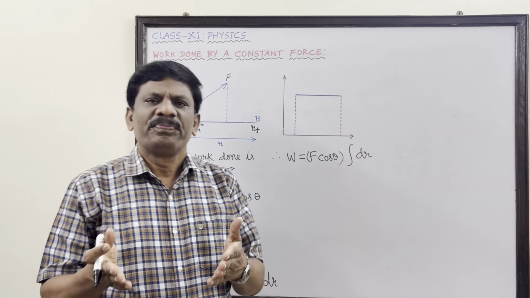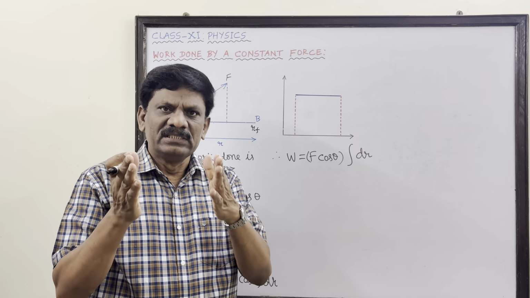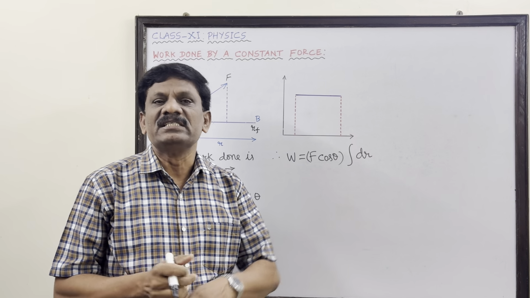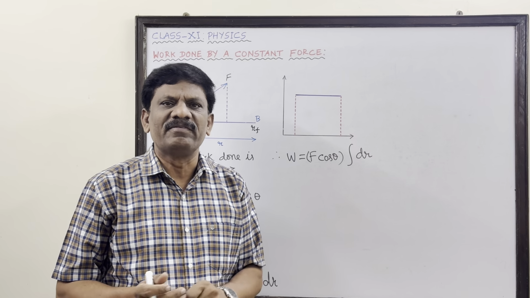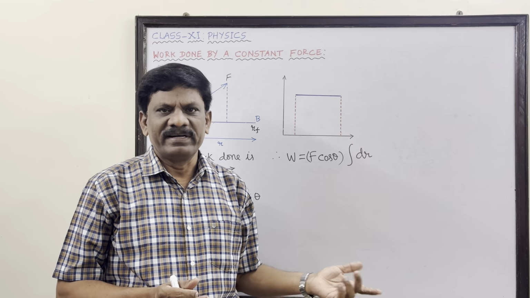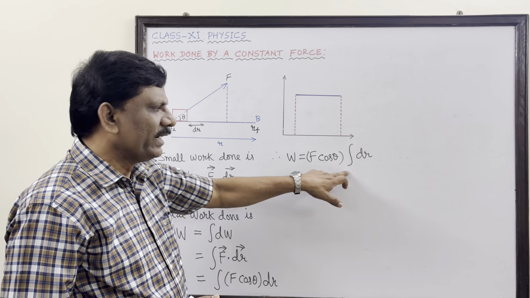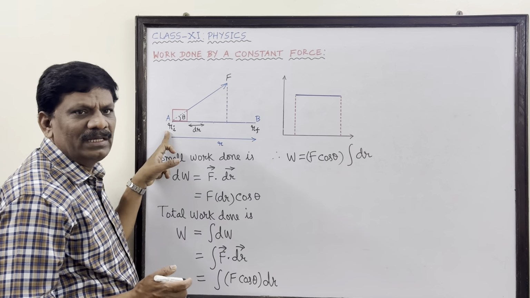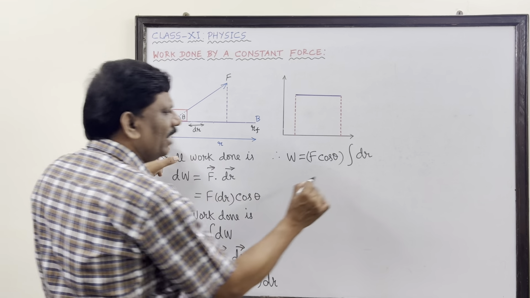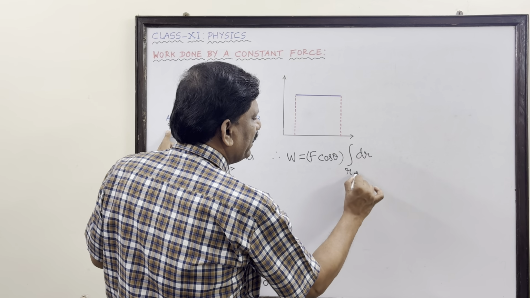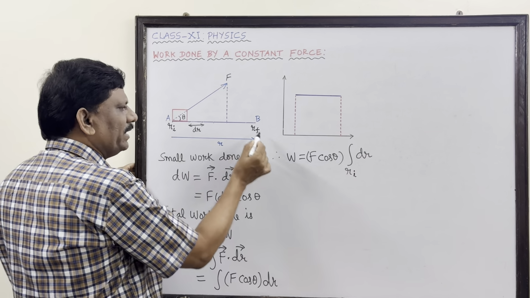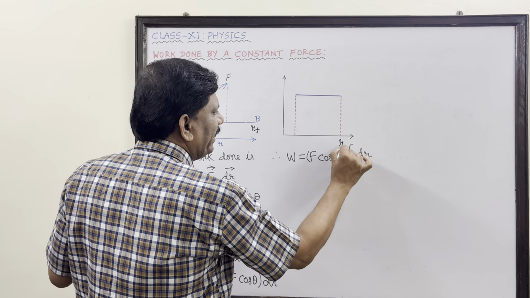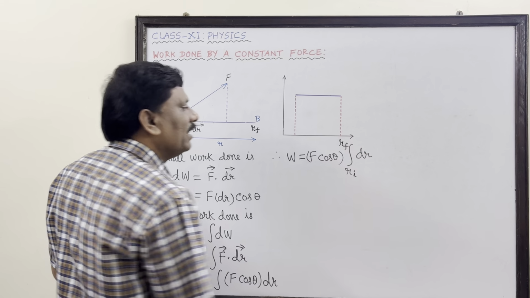It is a variable which gives the information about the changes taking place in the displacement from the initial point to the final point. So the lower limit of the displacement must be at point A, that is R initial, and the upper limit of the integral is the final point R final.